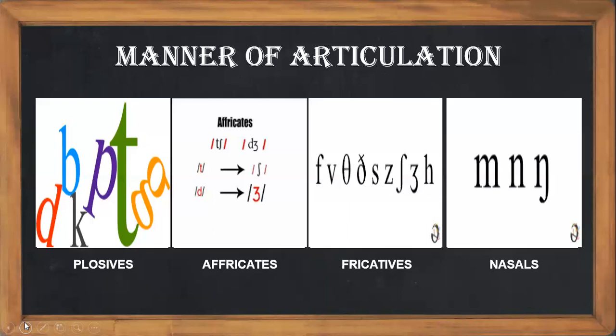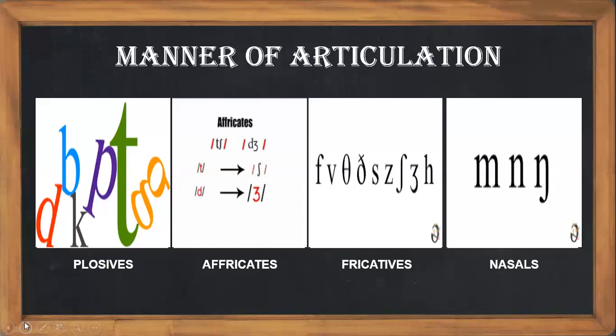For example, when you say ra, red, ran, rider, root, ra is called a trill or a rolled consonant. Why? Because the active and the passive articulator are striking against each other, and this kind of sound is produced.